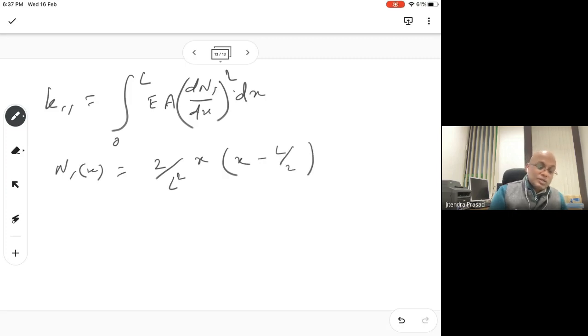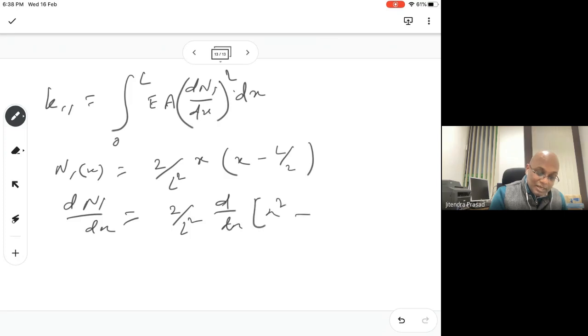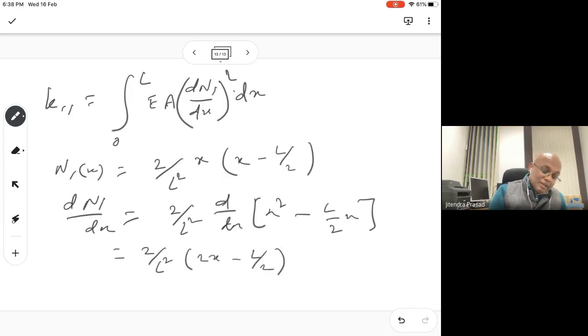So we have this equation, and hence dN1 over dx will be equal to 2 over L square times d over dx of x square minus L over 2 x. So 2 over L square times (2x minus L over 2). Okay, so this we can put here.